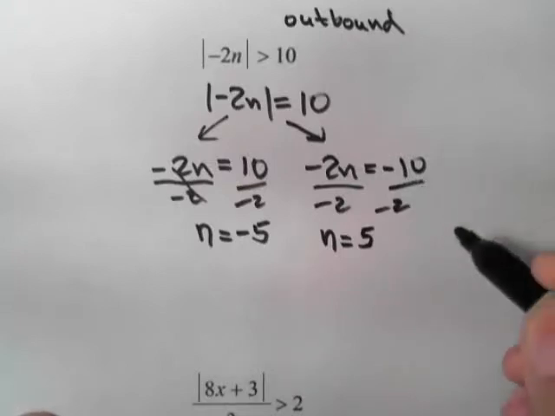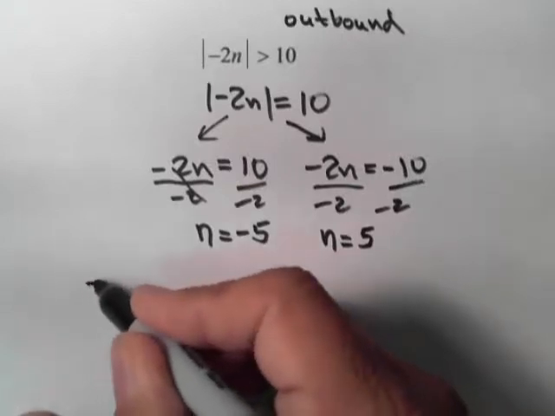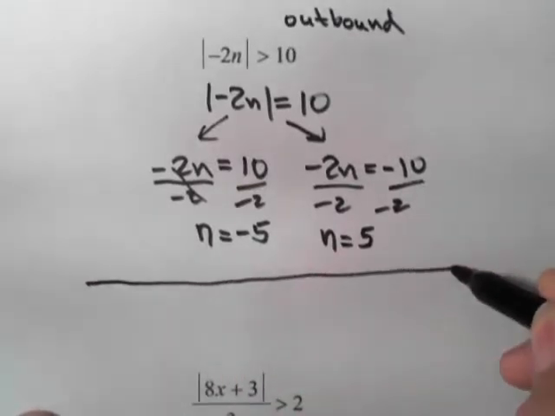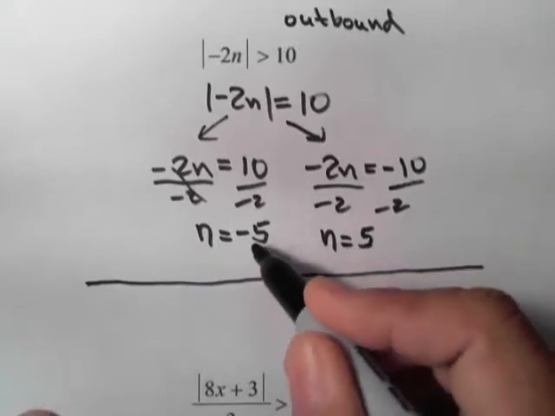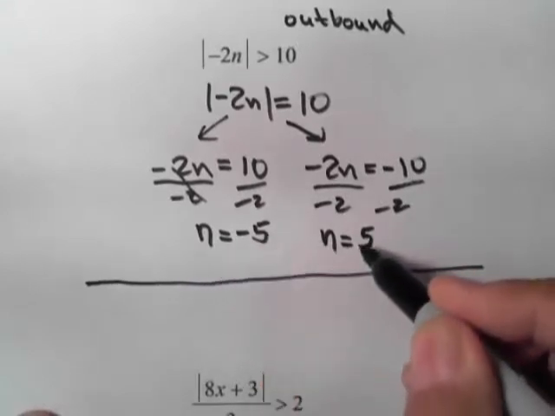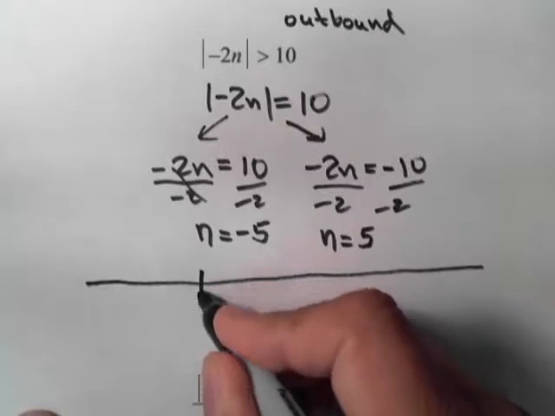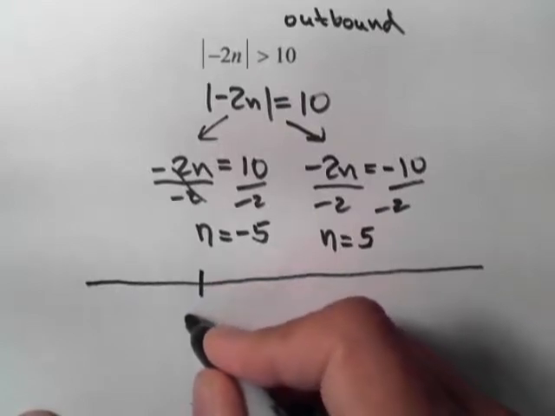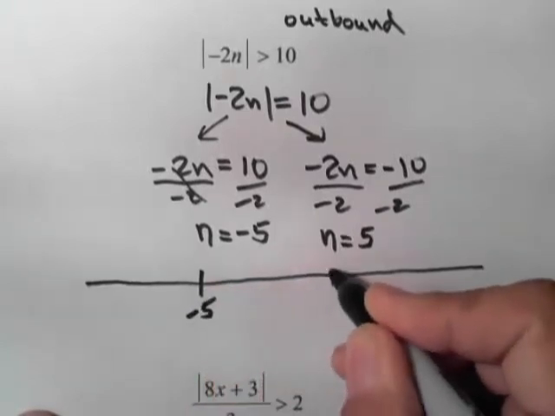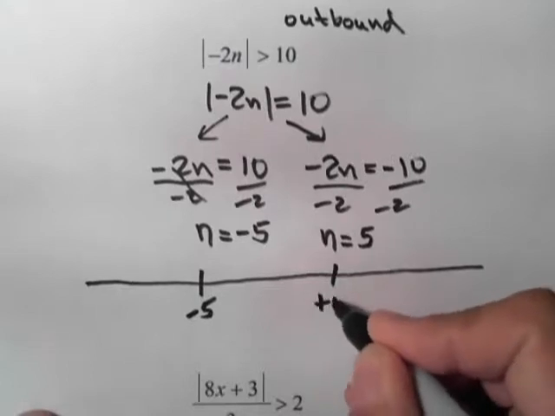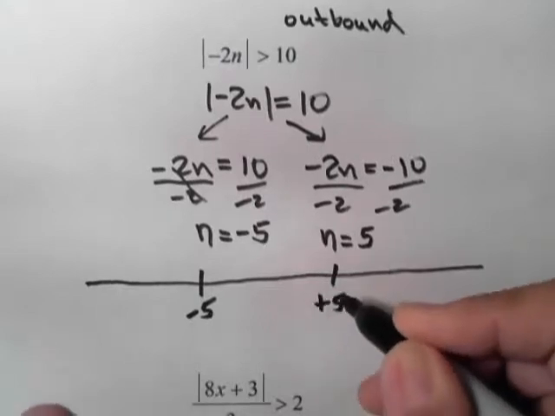Okay, well now, here's what your solution is. It's simple to come up with after this. We know that negative 5 is going to be to the left of positive 5. So let's say that this is negative 5 here, and this is positive 5 over here.